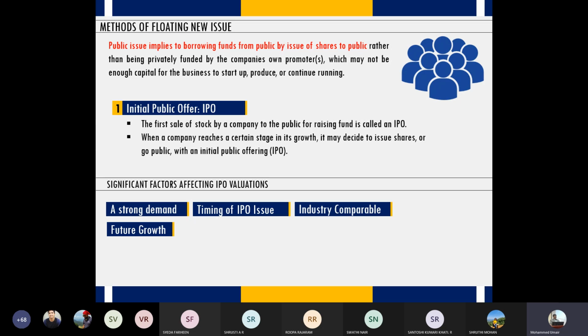Future growth. This is something where people go wrong, because most of the time when we are doing analysis, our analysis is purely based on the present data. That should not happen. You can't decide based on the past, right? Something a company would have done extremely well in the past does not mean that the same performance will continue in the future. So you have to always look into future prospects, future growth, right?